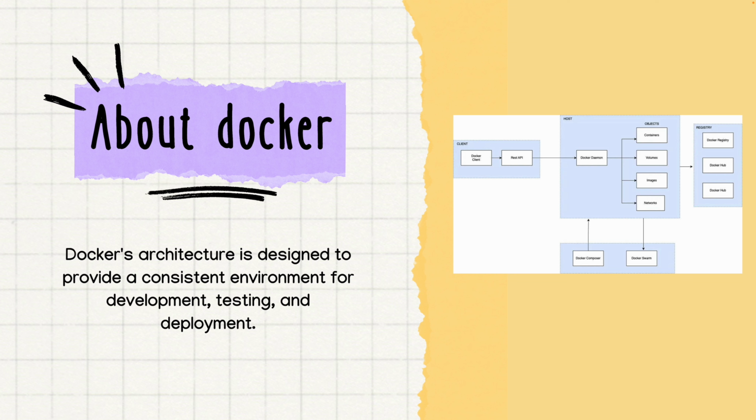As you can see on the right side, it has been grouped into three main things. We have a Docker client, we have a Docker Daemon, which is a part of the host group because Docker works as a client server architecture, and then we have a registry which takes control of images. Also, we have Docker Compose and Docker Swarm and the roles they play. Let's explore that in a bit.